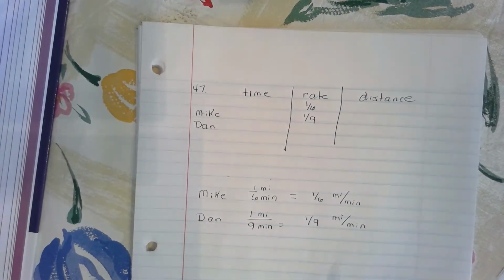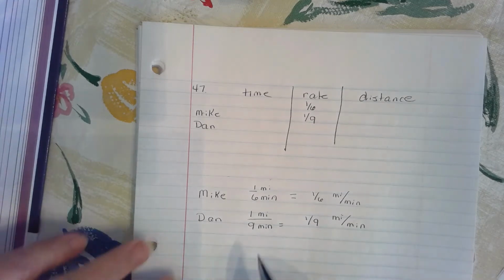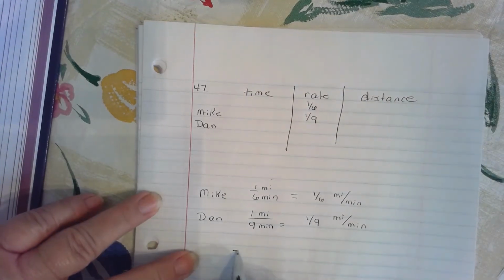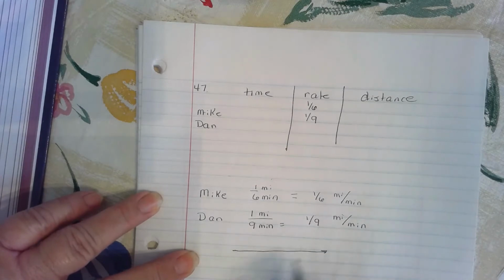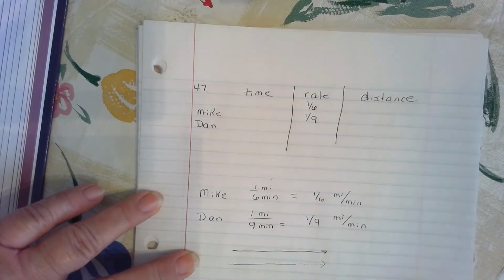Now let's look at time. All it tells me in the problem is that Mike lets Dan start a minute ahead of time. So here's what's happening. Dan starts. 1 minute later, Mike starts. And the question is, when does Mike catch up with Dan?